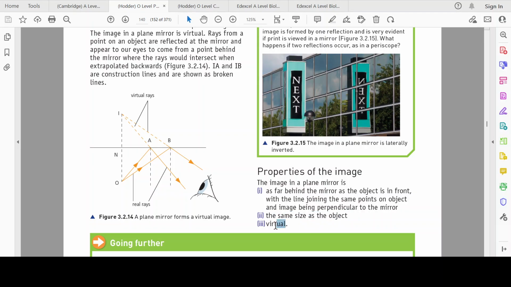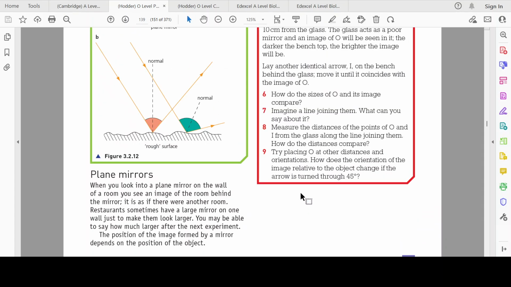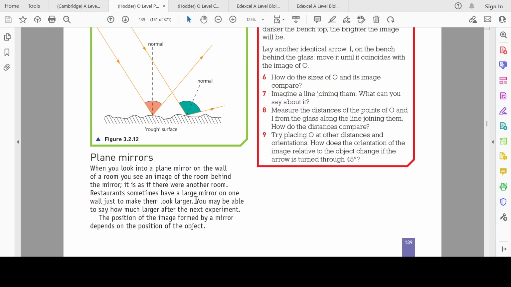And then you've got the fact that it's a virtual image, and that's also what they've mentioned over here, in plane mirrors, and how they're put to use in certain situations.